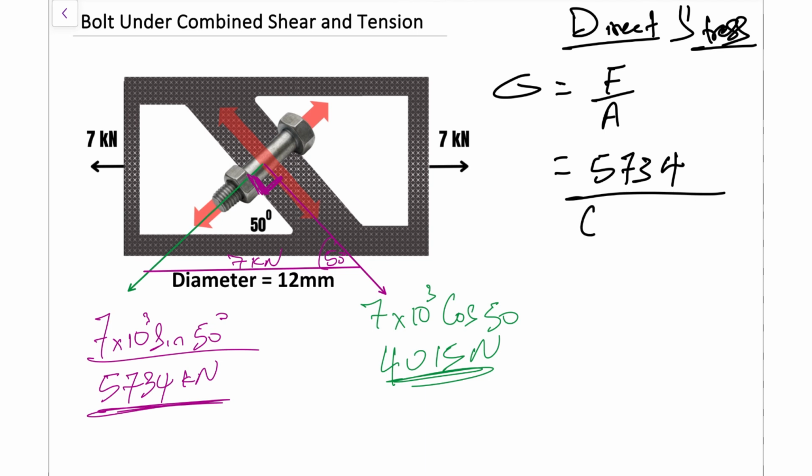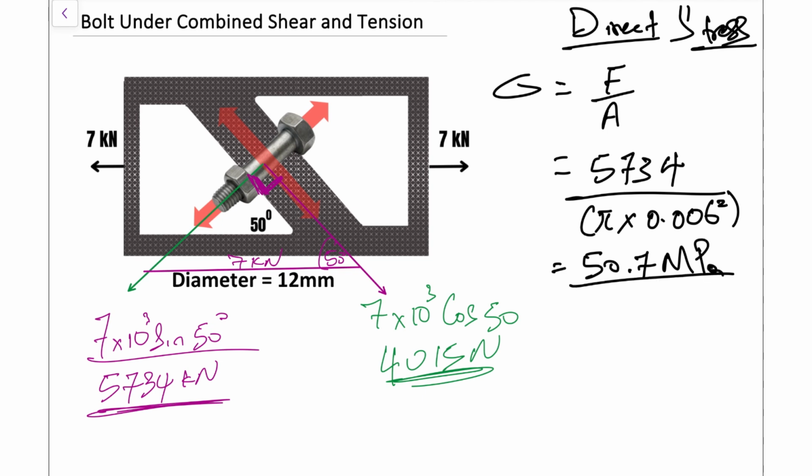So I'm just going to use pi multiplied by the radius squared in this instance, and that will be 0.006 squared, which gives 50.7 megapascals. So that's representing our direct stress.